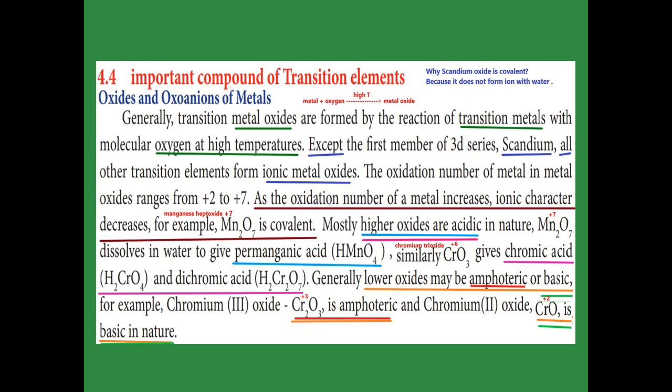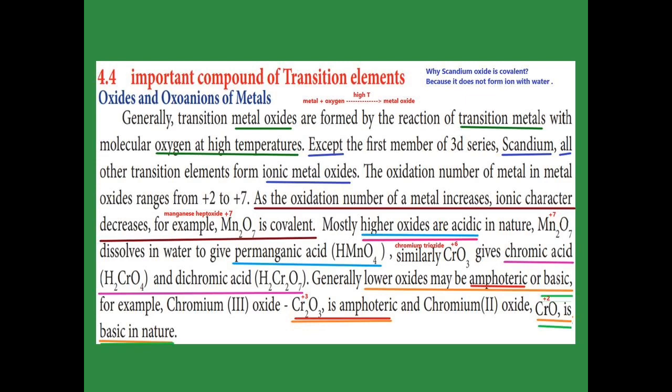The next one, higher oxides also show acidic character. Mn2O7, that is manganese heptoxide, when dissolved in water gives permanganic acid, formula HMnO4. The same way, in chromium trioxide, the chromium oxidation number is +6.